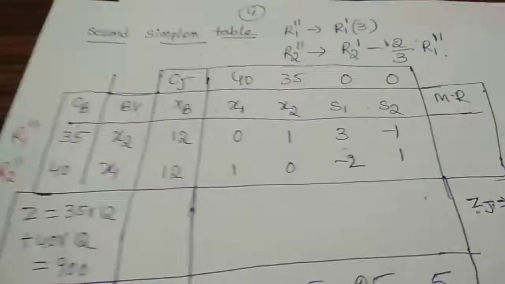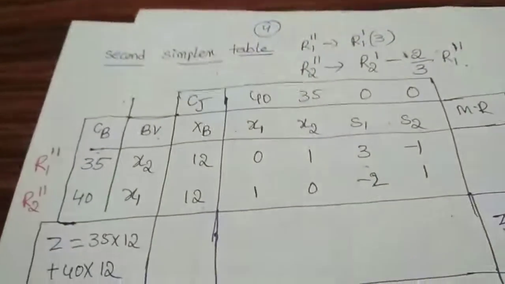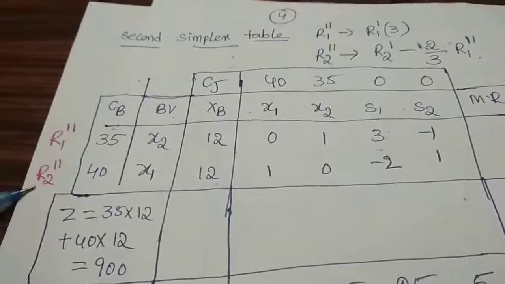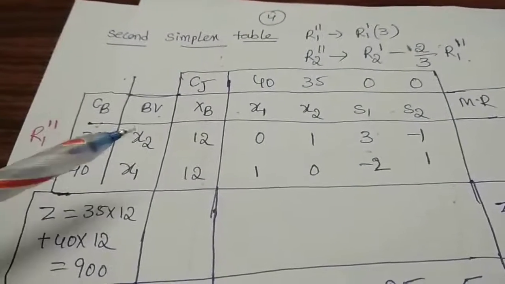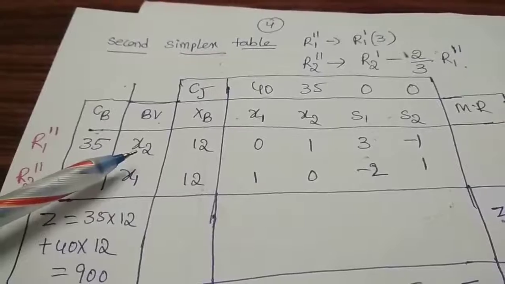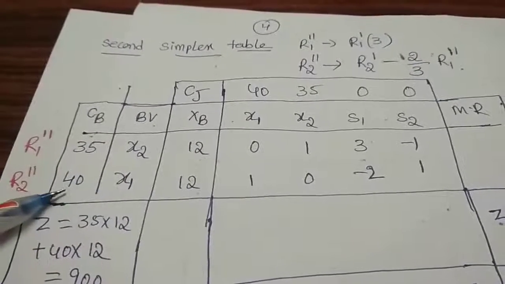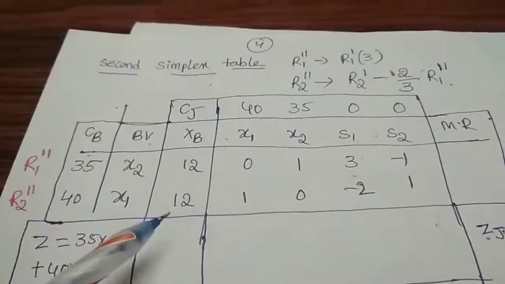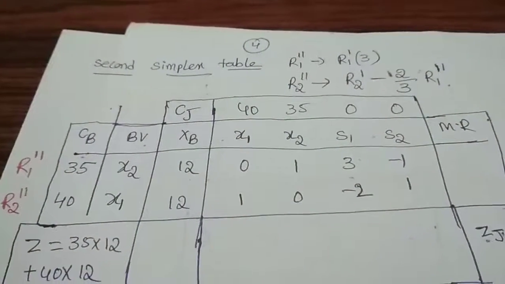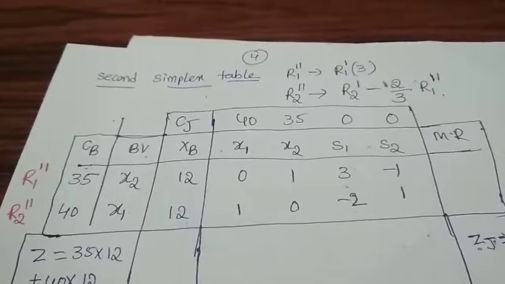So the new rows, I consider here r1 double dash, next one is r2 double dash. Here also the basic variable is x2, that is the entered variable, its coefficient value is 35, and the x1 variable coefficient value is 40. From the xb column to the s2 column we will calculate here. So how will we calculate?